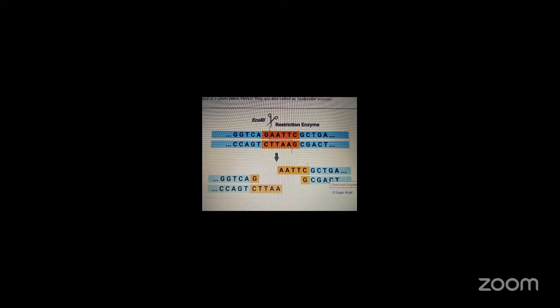Thus the function in the bacterial cell is to destroy the foreign DNA that might enter the cell. These restriction enzymes recognize the foreign DNA and cut it at several sites along the molecule.